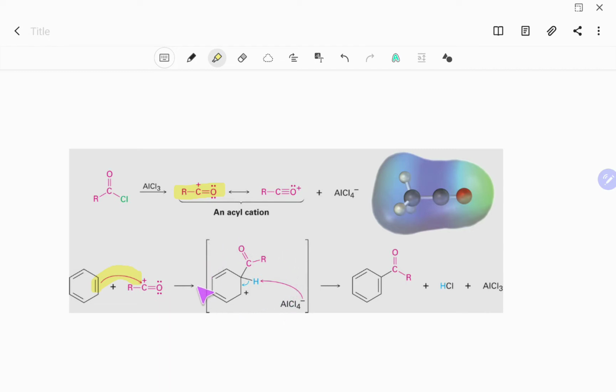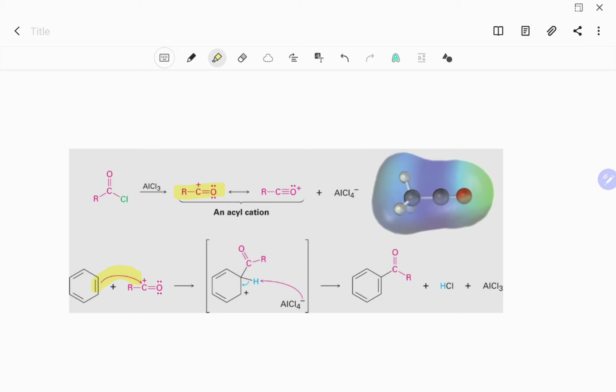In order to obtain some stability, this carbocation can show resonance structures. You might want to see if you could draw a couple of other resonance structures for this particular carbocation. But of course, achieving the aromaticity is the most important thing.